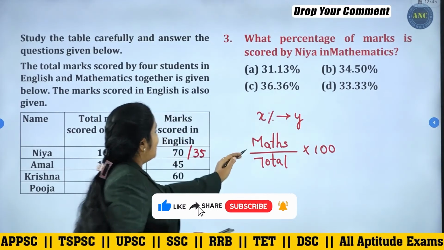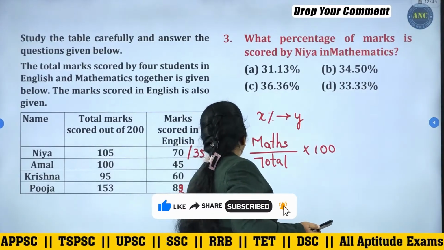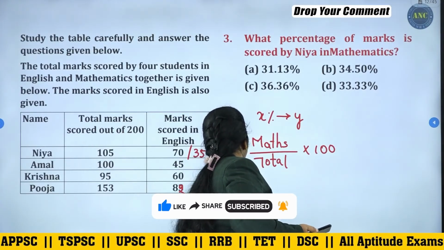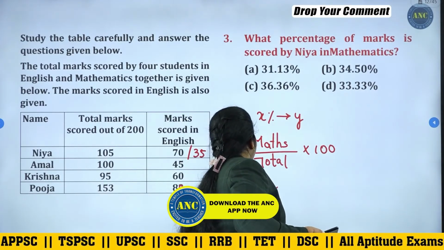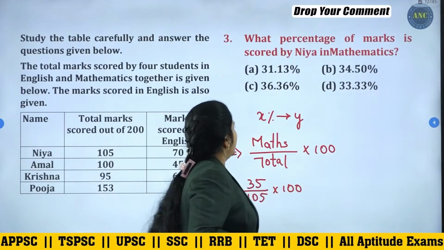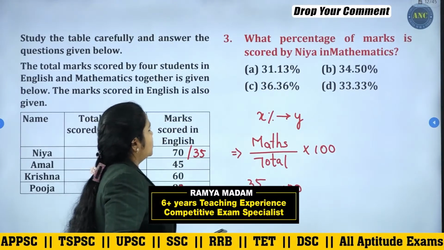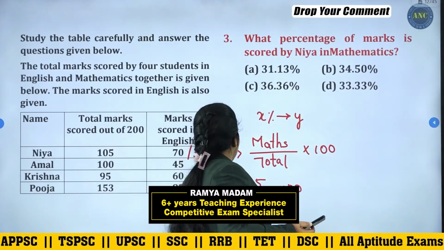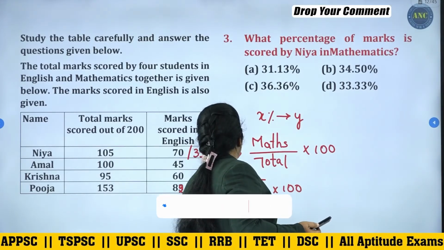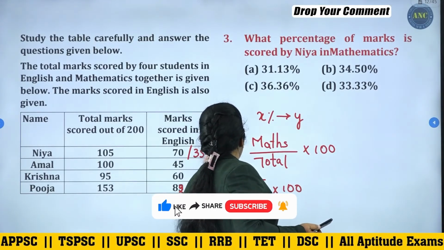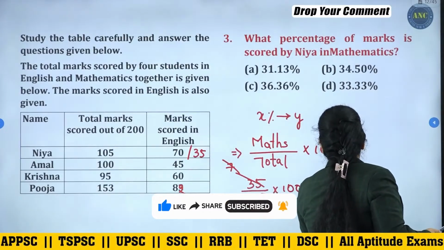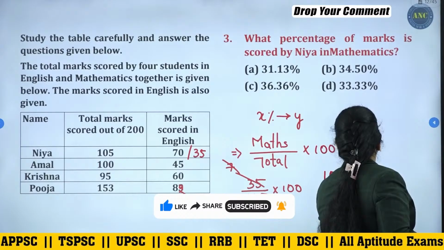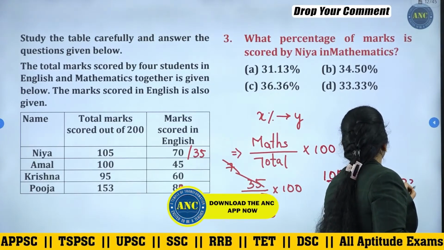Yes. So, what are the marks scored by Nair in mathematics? It's 35 divided by 105 into 100. Yes. So, what will be the answer here? 5 sevens, 35, 7 threes, 21. So, it will be 100 by 3, which is equal to 33.33%.